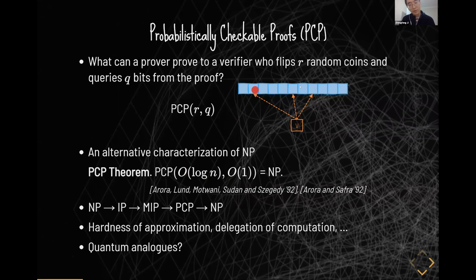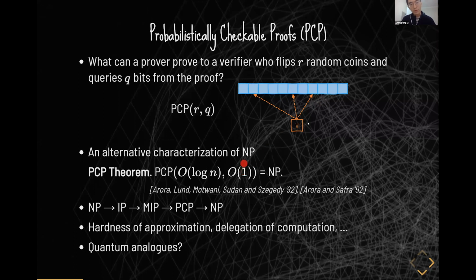Remember that this is a proof of size n, so to specify which bit you are talking about, you need log n bits. And the number of bits you need to look at from this string is order 1, so it's a constant.